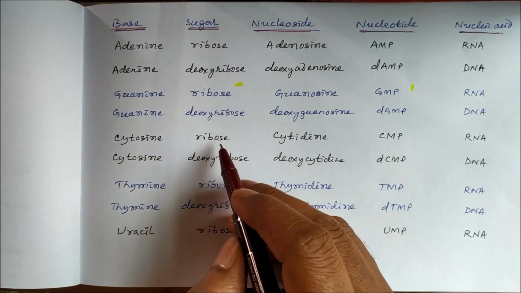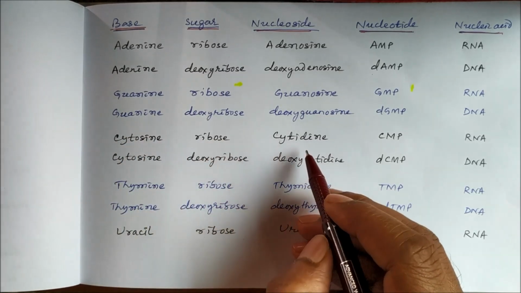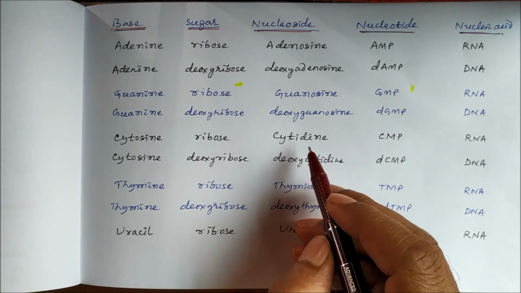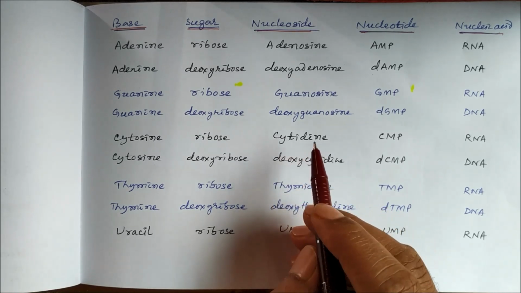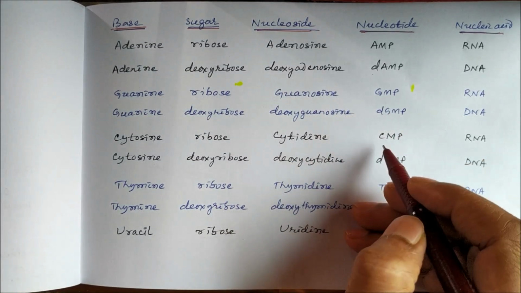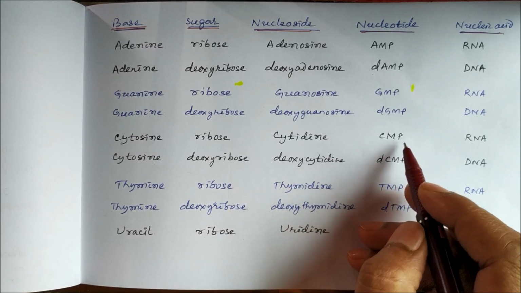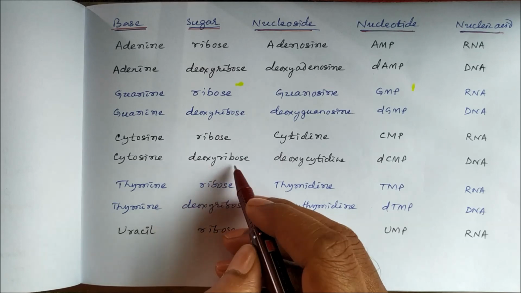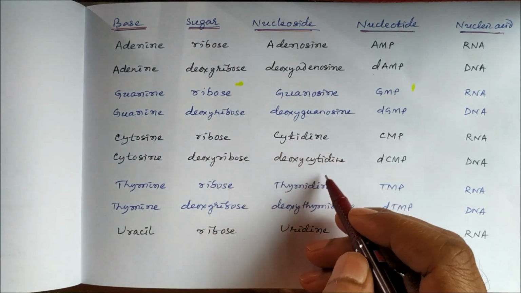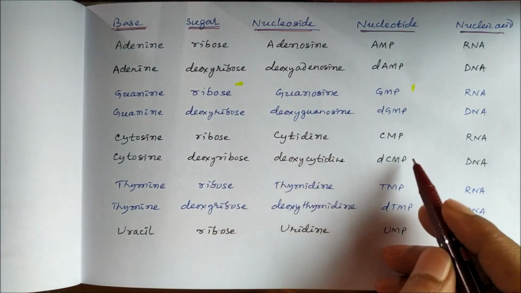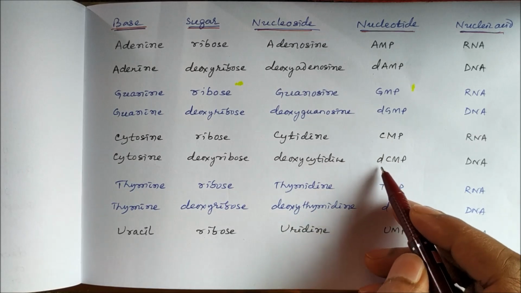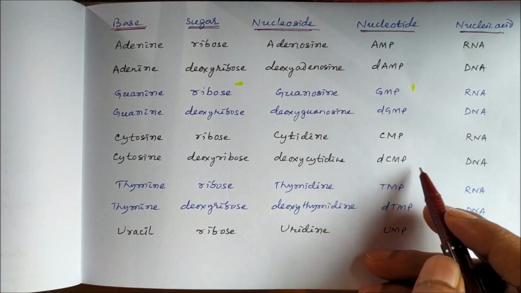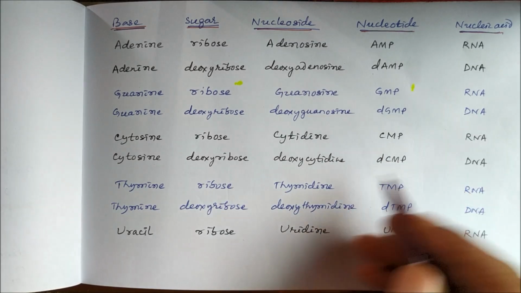When it is combined with the ribose sugar, it becomes cytidine, the nucleoside, and with one phosphate attached it becomes cytidine monophosphate. So it is a part of RNA. But if the sugar is deoxyribose, the nucleoside becomes deoxycytidine, and with one phosphate it becomes deoxycytidine monophosphate. So it is a part of DNA.